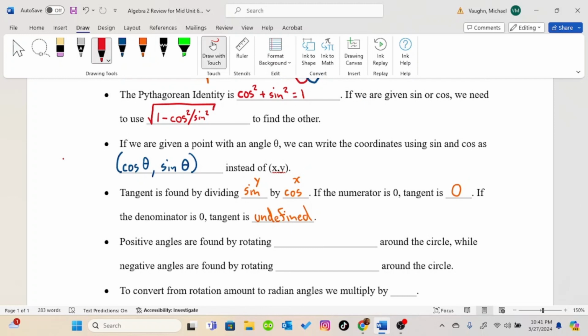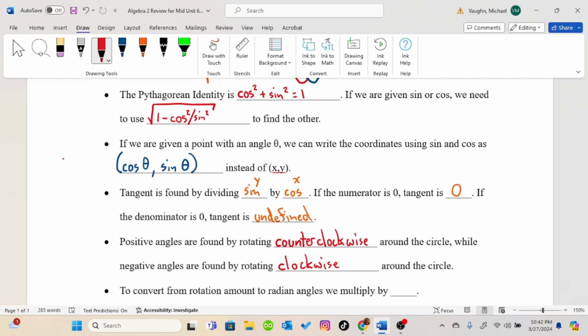Positive angles are found by rotating counterclockwise around the circle, while negative angles are found by rotating clockwise around the circle.